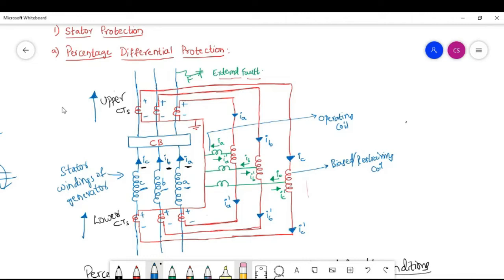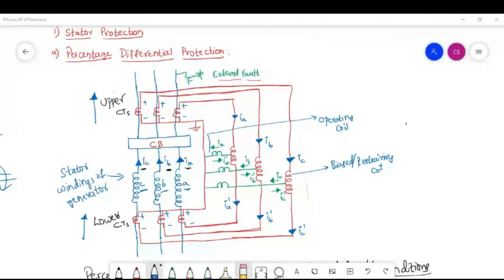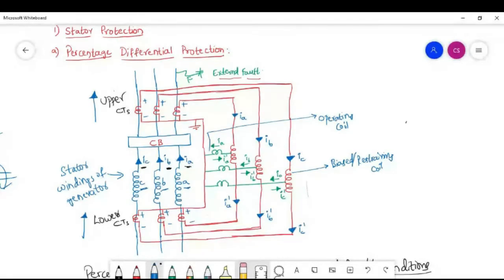So if you come into the operation of this scheme, the current is flowing in this direction and in this direction. Based on the direction only, we have given the polarities. See, this is the plus minus of this respective phase, plus minus, plus and minus. For this one, of course, plus minus, and plus minus.